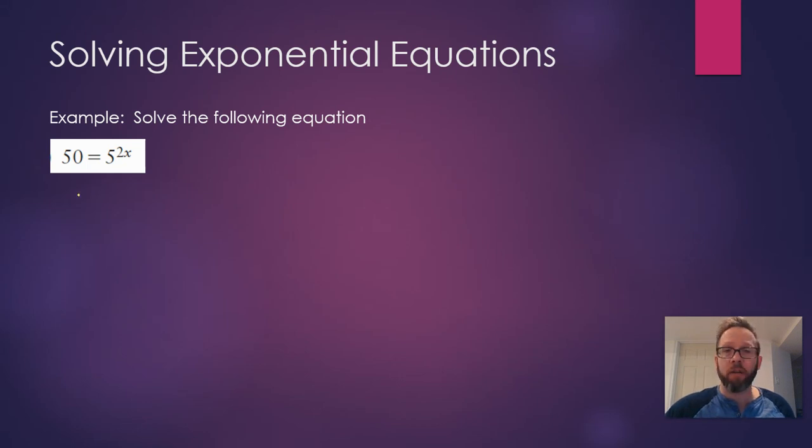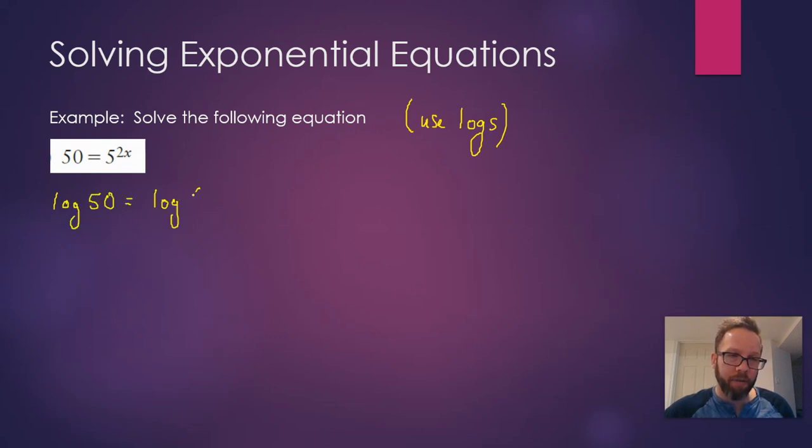So what we're going to do here is use logarithms. We're going to take the log of each side. So the log of 50 equal to the log of 5 to the power of 2x. I did the same to both sides, so I still have equality there. That statement's still valid.